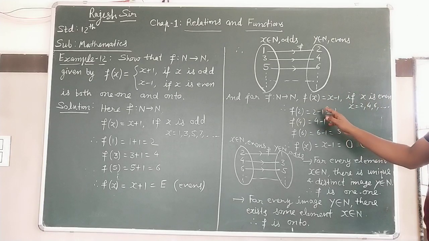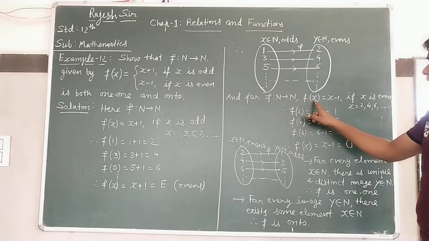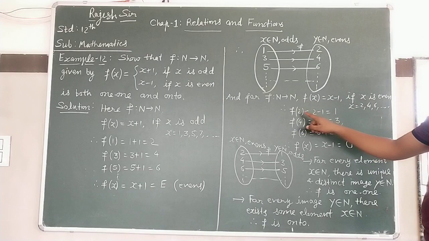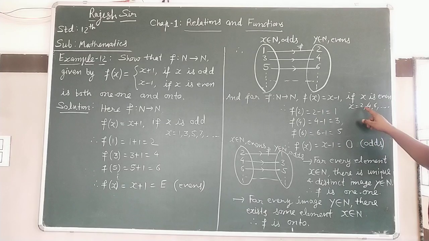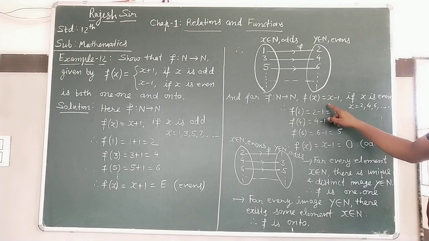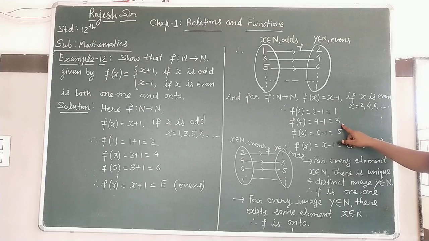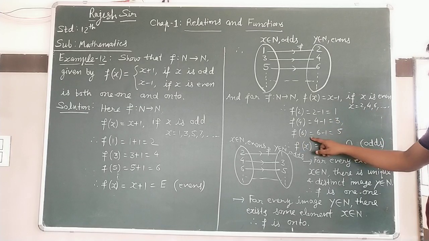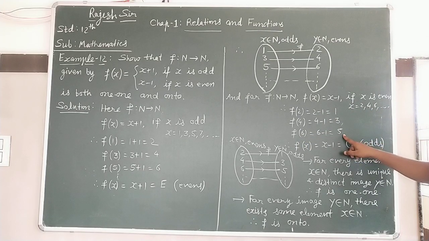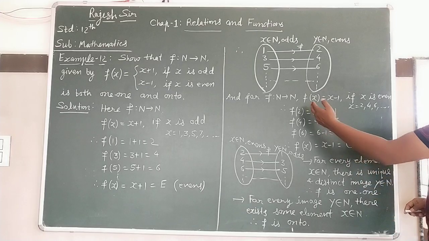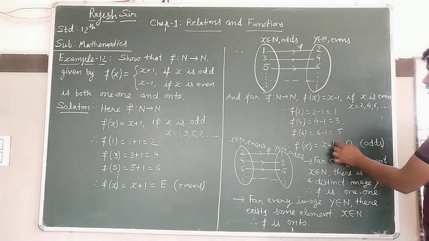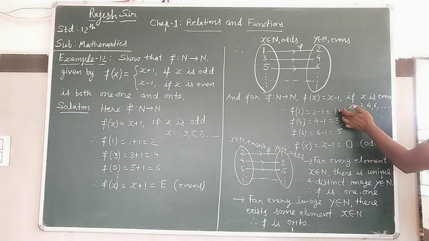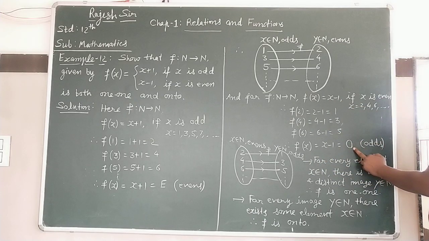We place these in the given function. The first even is 2: f(2) equals 2 minus 1 gives 1. Then f(4) equals 4 minus 1 gives 3. Then f(6) equals 6 minus 1 gives 5. So what is the conclusion here? In this function f(x) equals x minus 1, whatever answers are coming are all odds.